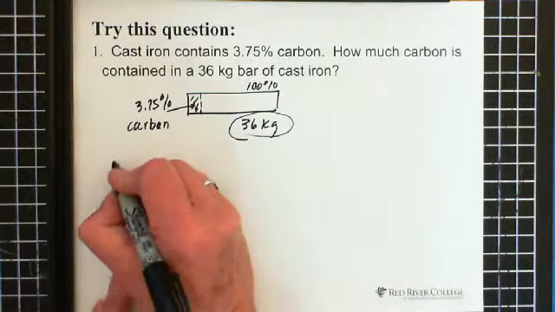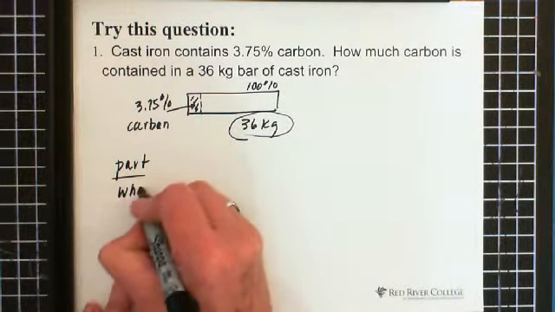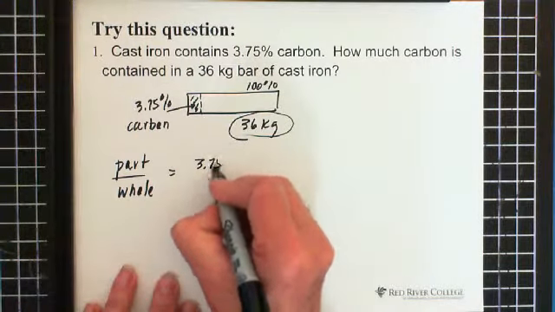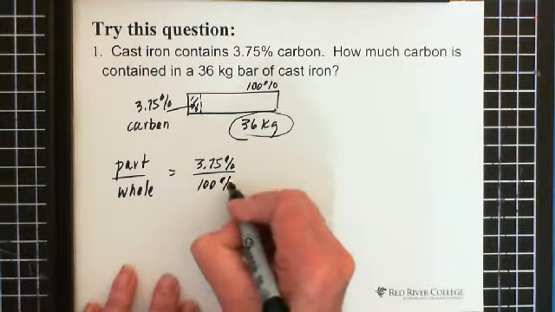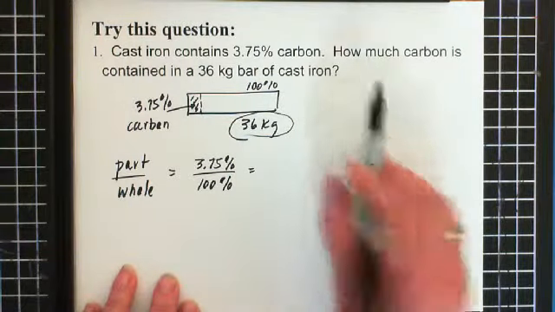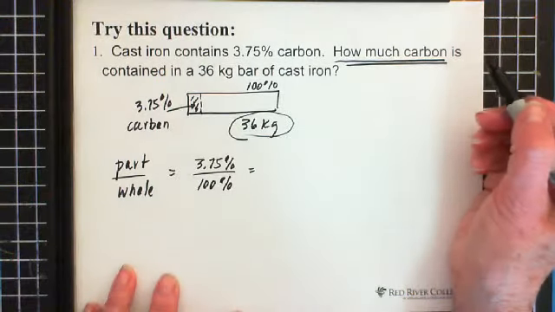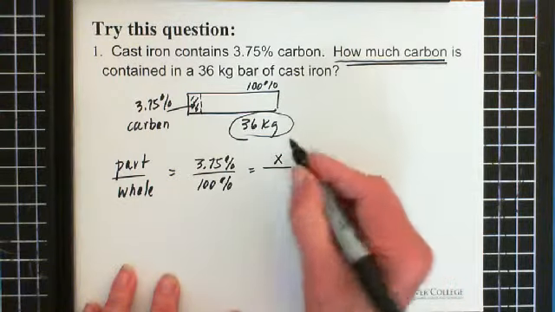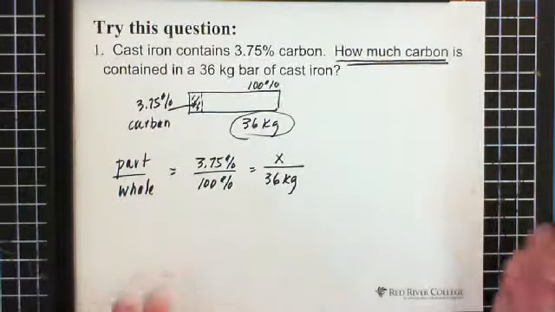So then if we think about it as part over whole, we have 3.75% over 100%, which equals the mass of the carbon, because what we're being asked for is how much carbon. So we're being asked for the mass of the carbon over the mass of the whole bar, which is 36 kilograms.